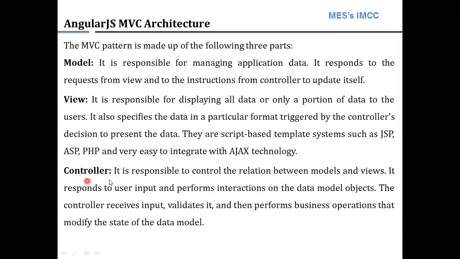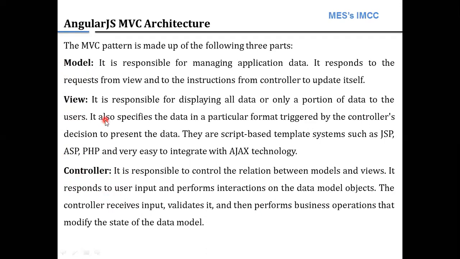In controller, we write some functions, some application logic. It acts as a glue between the controller and the model. We have one object, the scope, that will act as a glue between the model and the controller. In controller, we write several functions. Those functions may access some data from the model, and it is going to be displayed to the view.